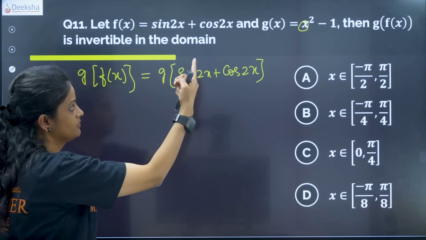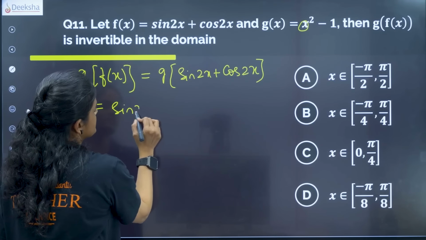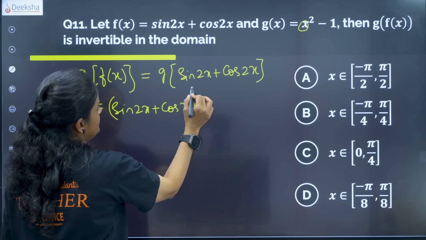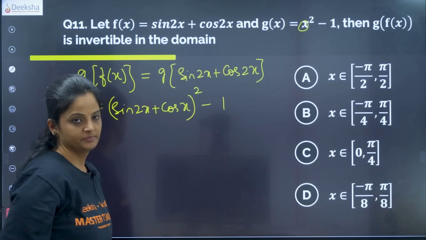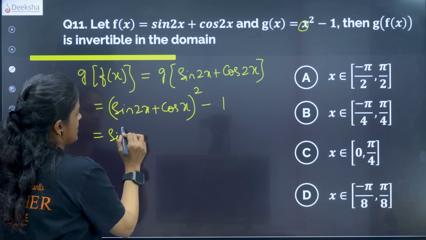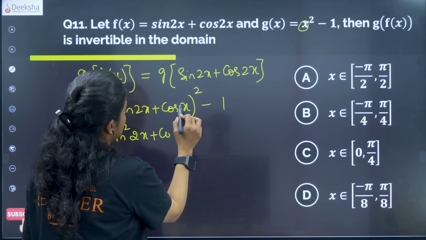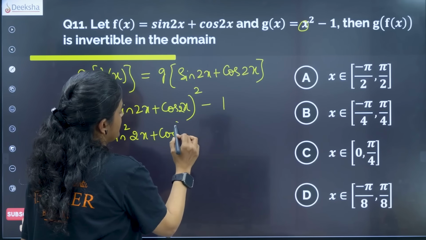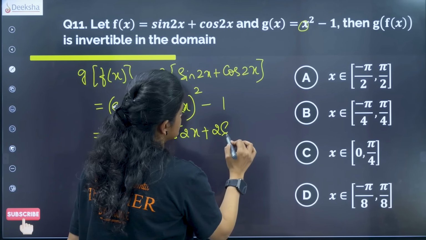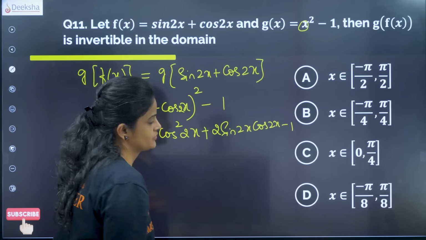Substitute in place of x, that is equal to (sin 2x plus cos 2x) whole square minus 1. (a plus b) whole square, expand it: sin square 2x plus cos square 2x plus 2 times sin 2x cos 2x, and minus 1.